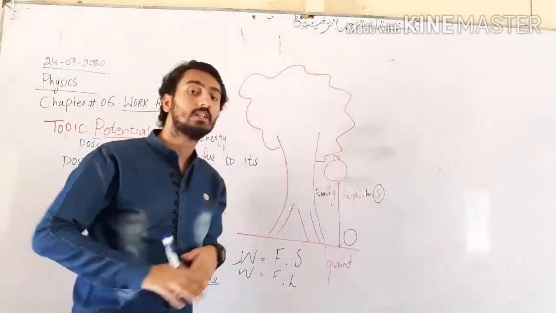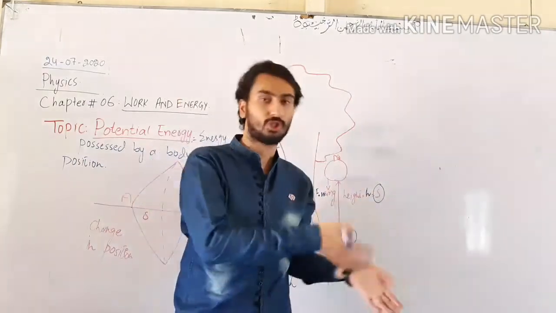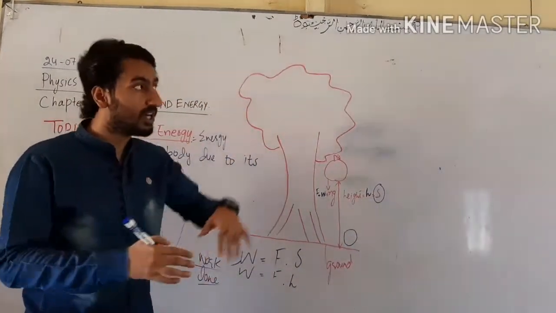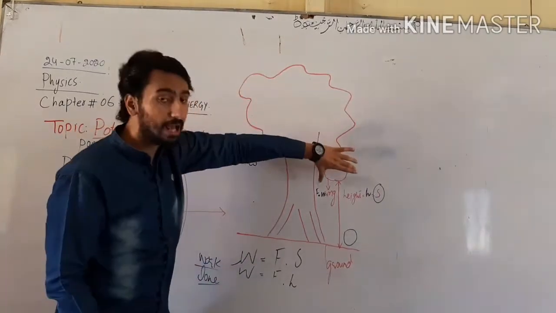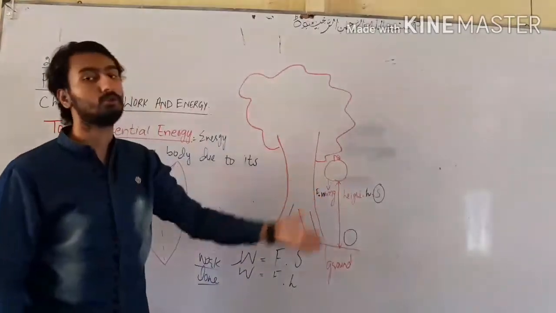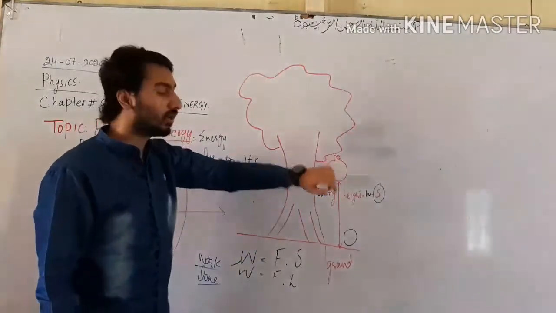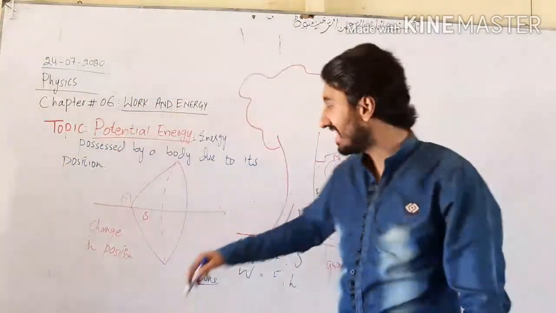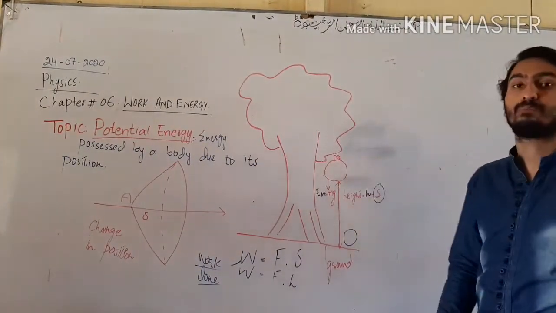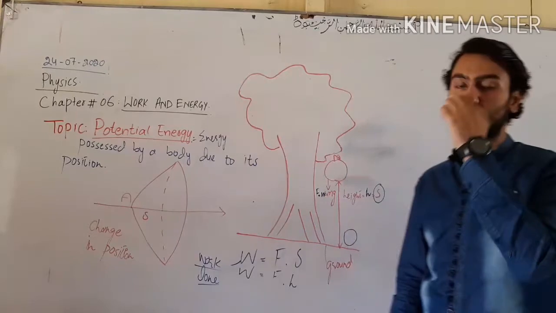Kinetic energy was energy possessed by a body due to its motion. But potential energy is energy possessed by a body due to its position. This apple was at rest, but even in the state of rest it was able to do some work, because it has energy. So what kind of energy did it possess? It possessed potential energy.